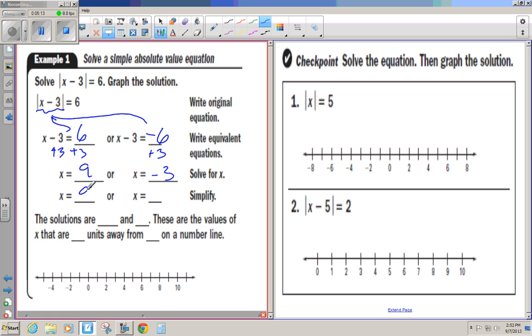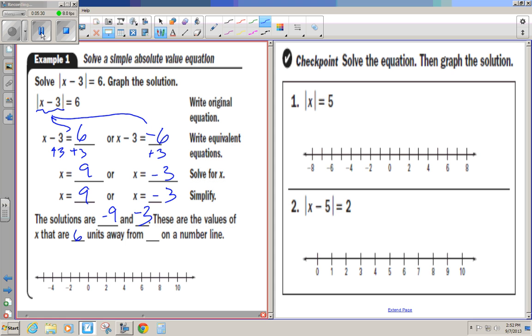So x is 9 or x is negative 3. These are the values x that are 6 units away on a number line.